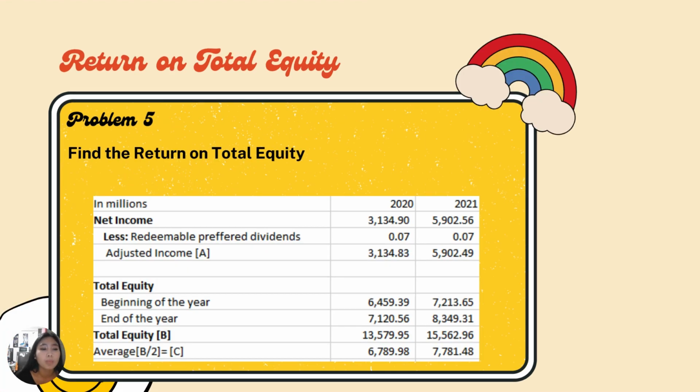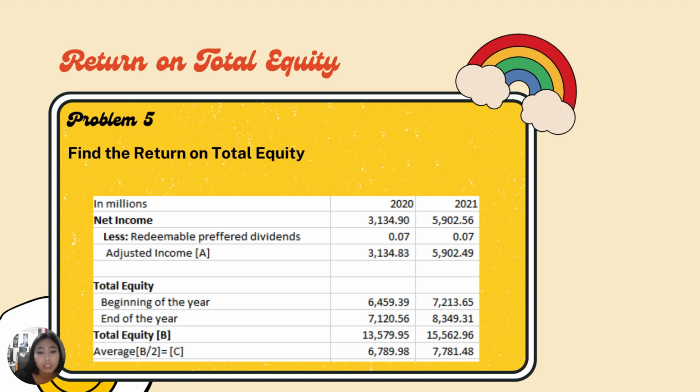So our last problem is to find the return on total equity. So here we have 2 years, 2020 and 2021. So in net income, 3,134.90 and 5,902.56. Adjusted income less redeemable preferred dividends is 0.07 and 0.07.